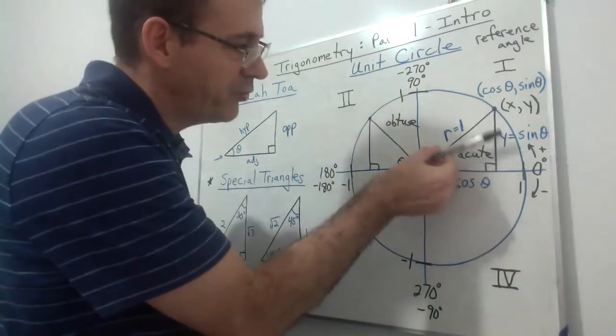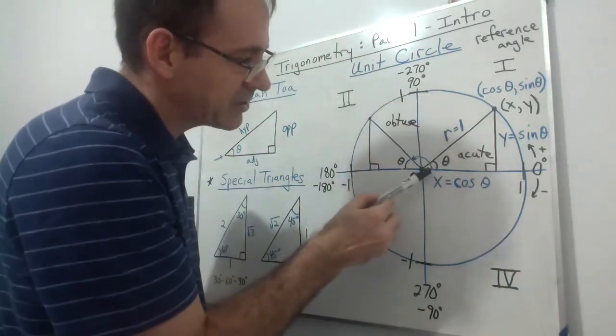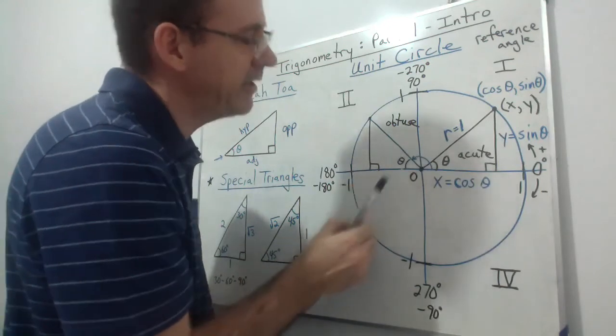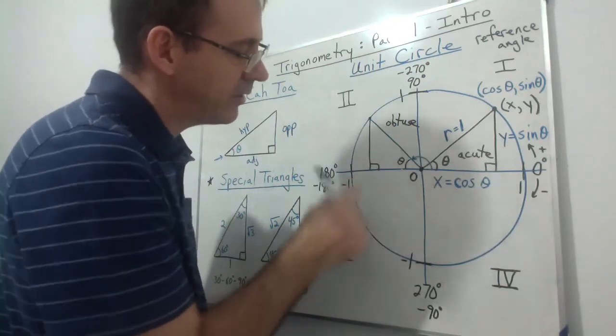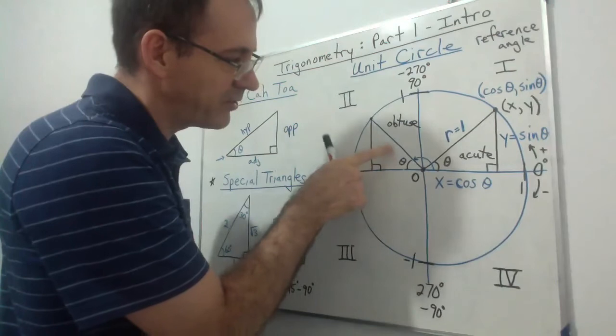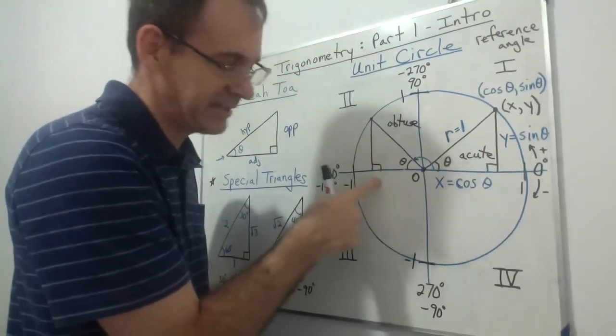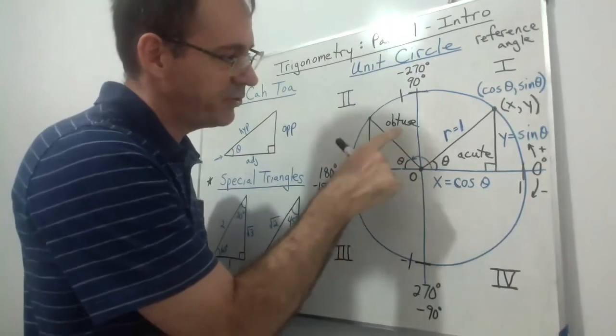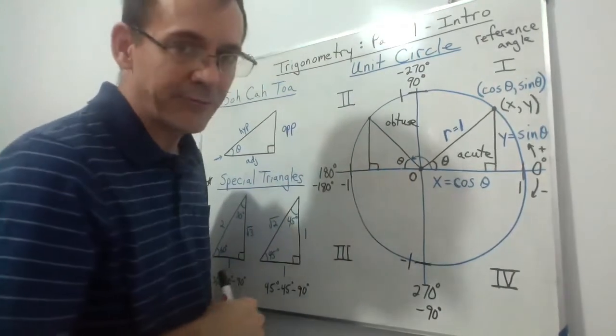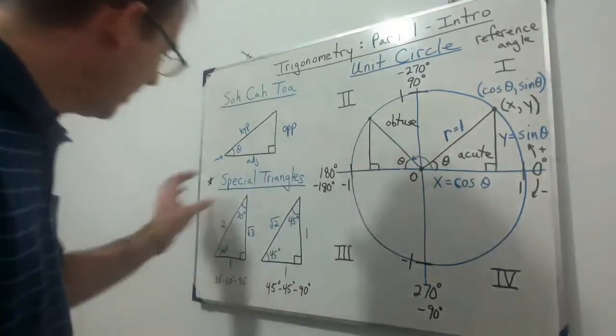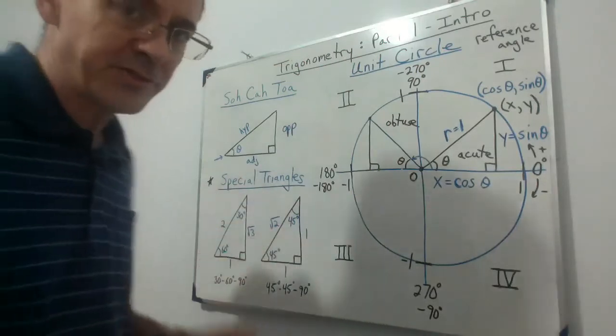Whereas an obtuse angle, which is actually going from 0 over to here, this is the obtuse angle. So your reference angle is the one in the triangle to the nearest x-axis. So this is the obtuse angle. This is your reference angle. Your reference angle is what allows you to work with your special triangles.